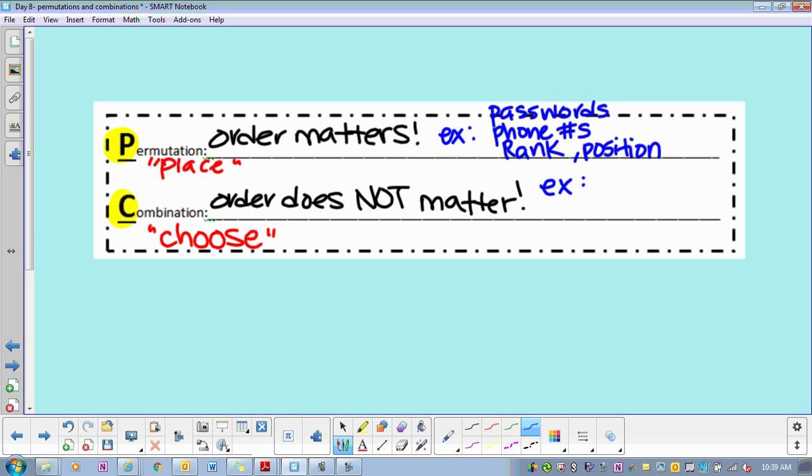An example of that would just be how many different arrangements, how many different ways can you flip a coin or whatever? Do you know what I mean? Like they'll say, how many different ways, how many different possibilities, how many different selections.